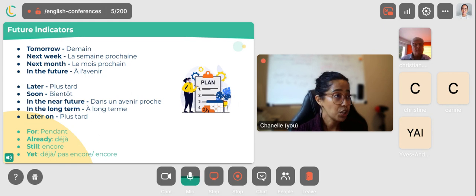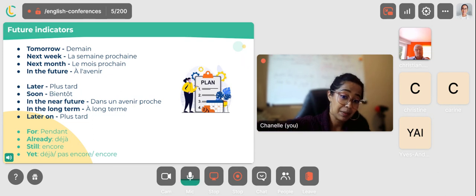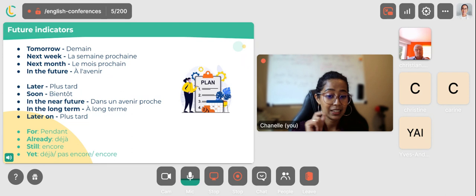Indicators of the future are tomorrow, next week, next month, in the future, later, soon, in the near future, in the long term, and later on. Then we still have for, already, still, and yet.